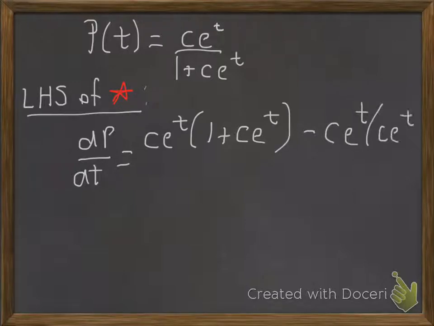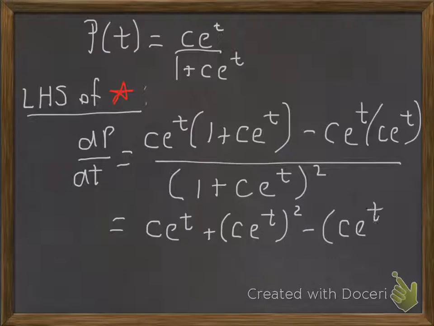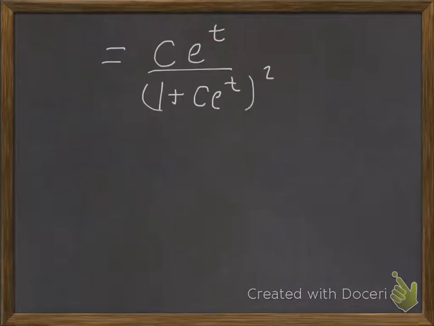So I take the derivative of the top times the bottom minus the derivative of the bottom times the top, over the bottom squared. And I do a little bit of algebra here, and notice in the top I get two terms that are c times e to the t quantity squared, so of course those cancel, and what I am left with is c times e to the t over (1 plus c times e to the t) quantity squared.